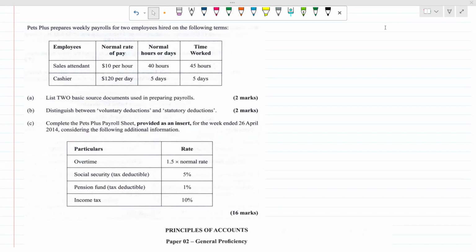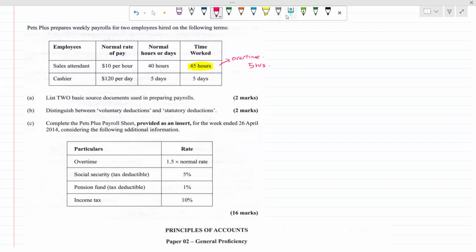Normal hours for the sales attendant, 40 hours, for the cashier, 5 days. The time that the sales attendant actually worked was 45 hours. So that is telling me that there's an element of overtime. 5 hours of overtime work by the sales attendant. The cashier worked on normal time, 5 days.